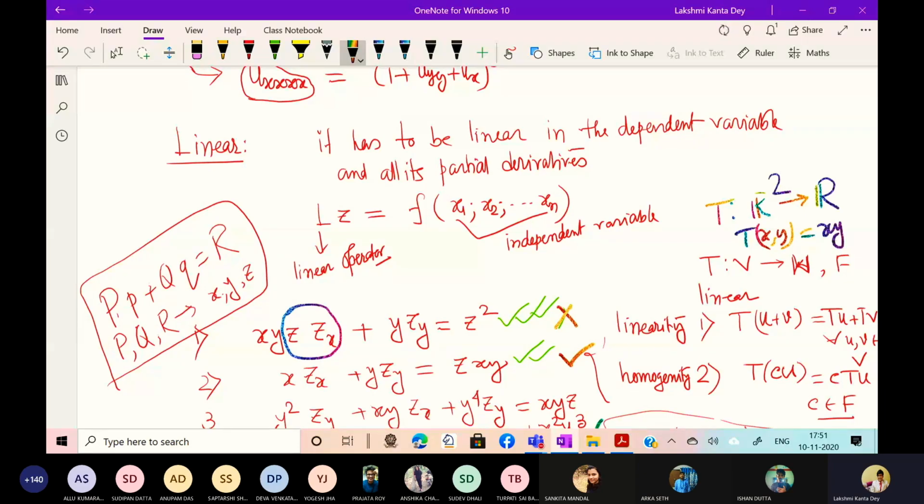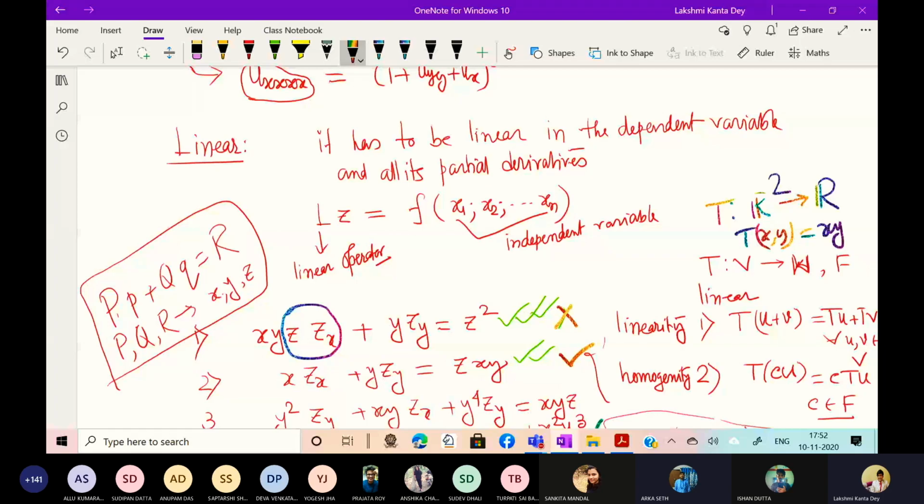Can you say this map is linear? Never, because it occurs as a product x into y. How can you expect that if you express (x1 plus x2, y1 plus y2), you can break it in two parts? No. So it cannot be linear. So you see the dependent variable z and your first order partial derivative occur as a product, so it cannot be linear. Understand, Orko? Yes, sir. Okay, so that's the reason.